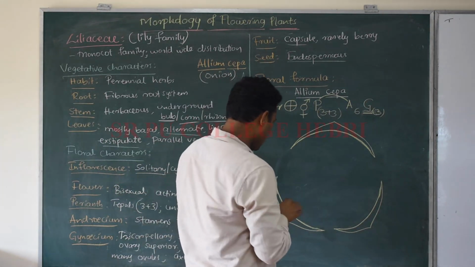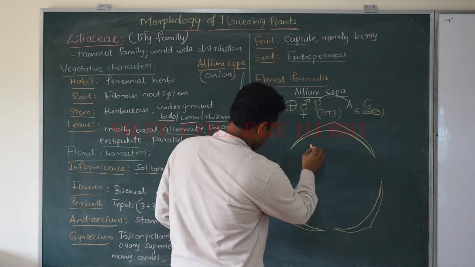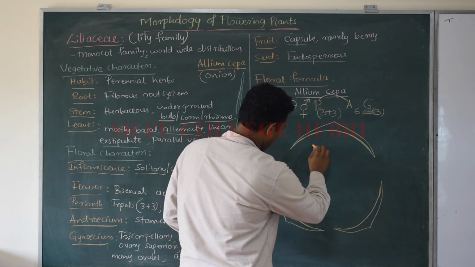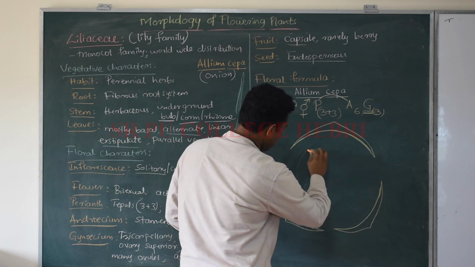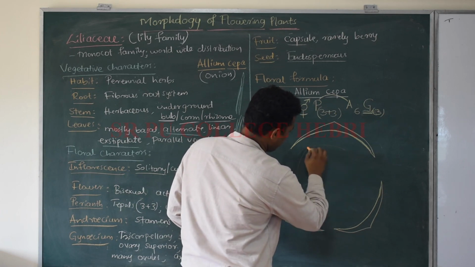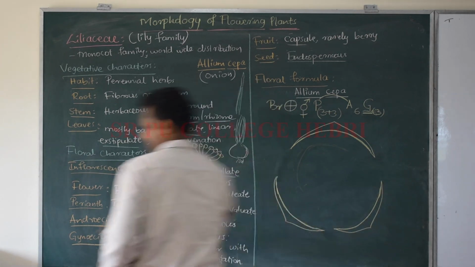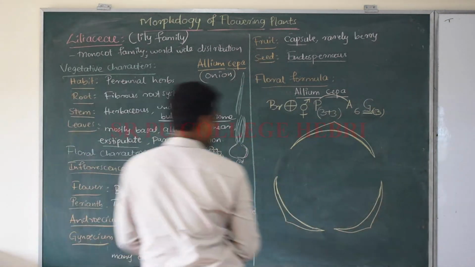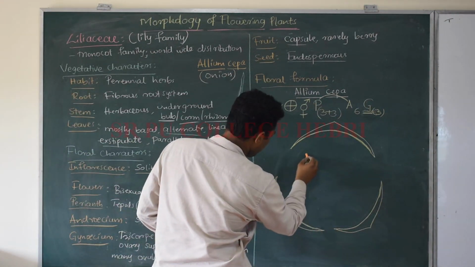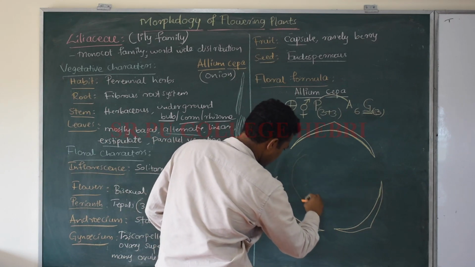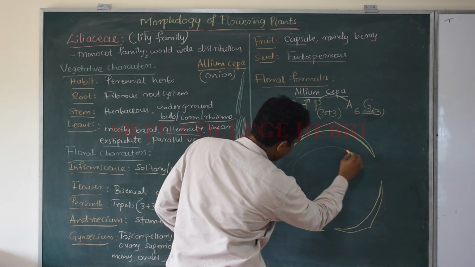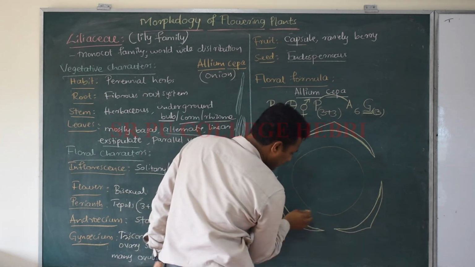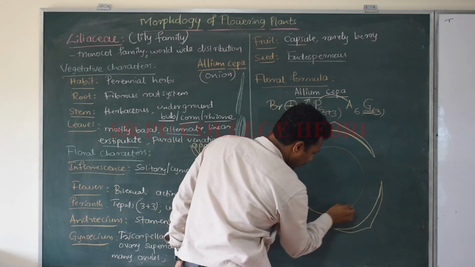And then you need to draw the next whorl of the petals, which will be later joined with the sepals there. So it is very important for you to learn how to draw these diagrams. So alternate in between 2 sepals, you need to draw 1 petal.